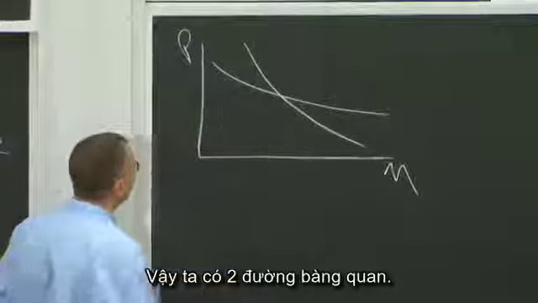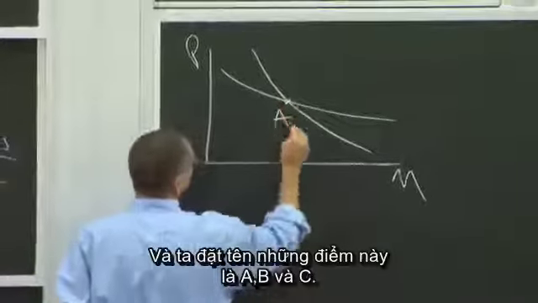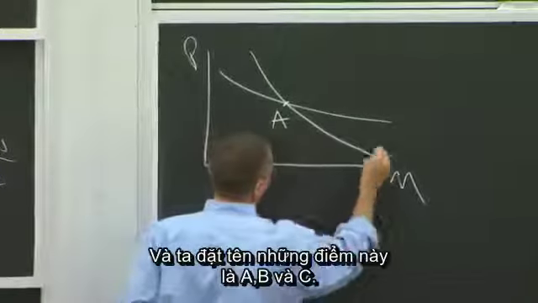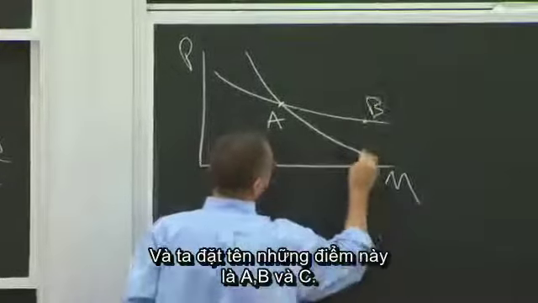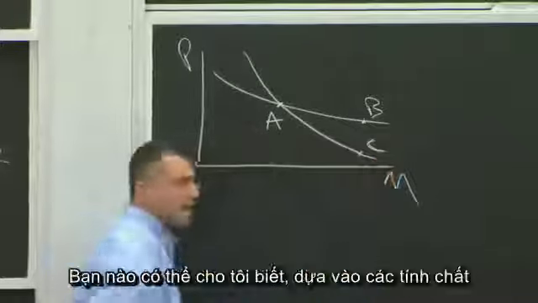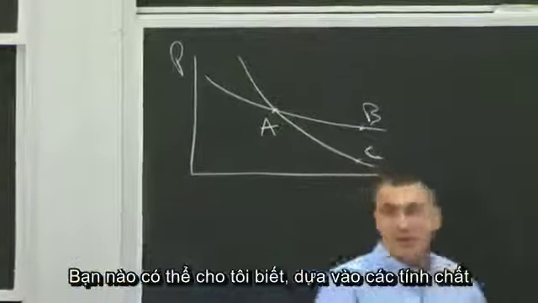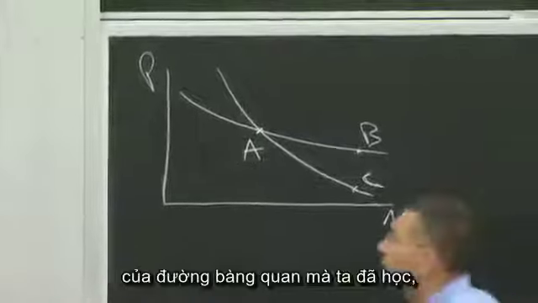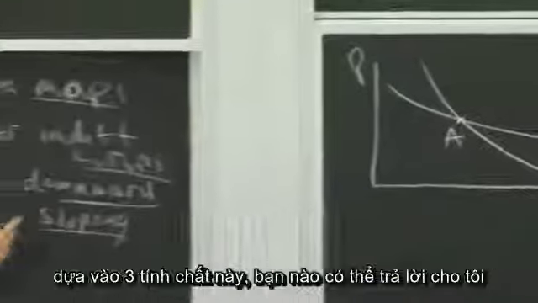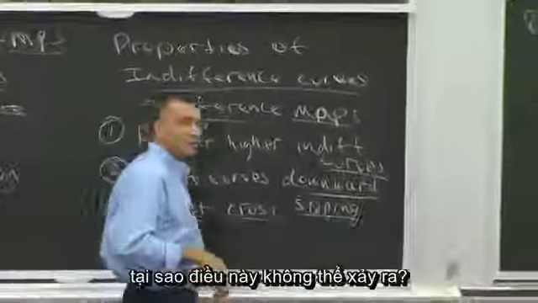Okay? 2 indifference curves. And let's label these points A, B, and C. Now, given these 3 properties, can someone tell me why this is a violation?